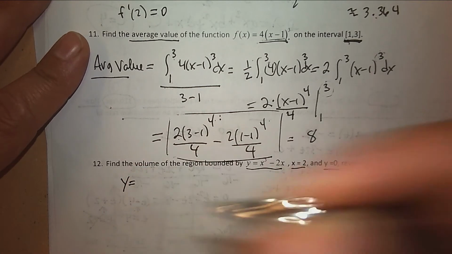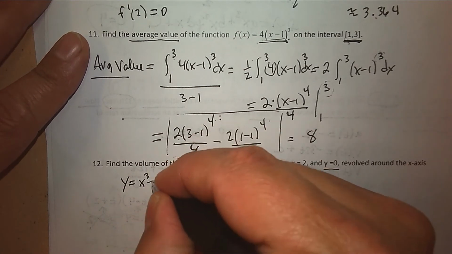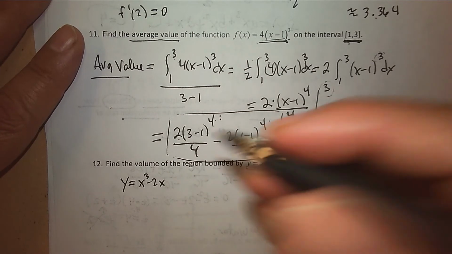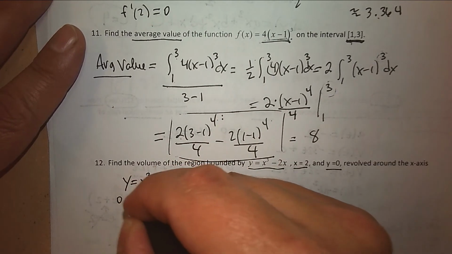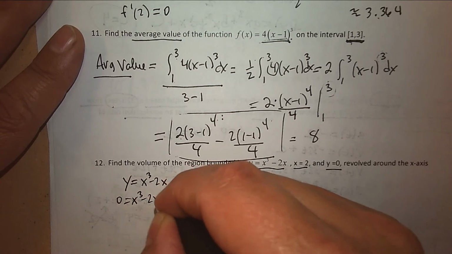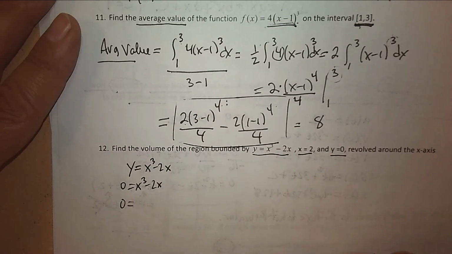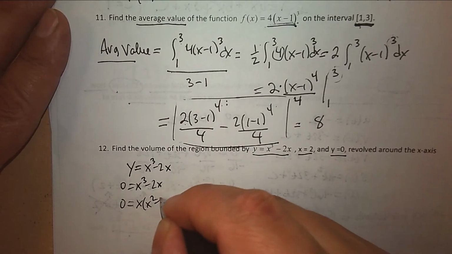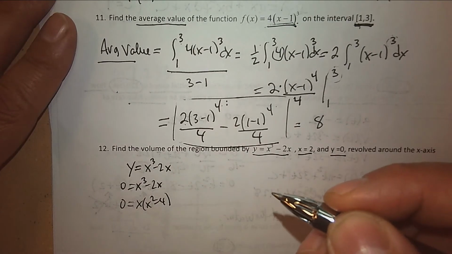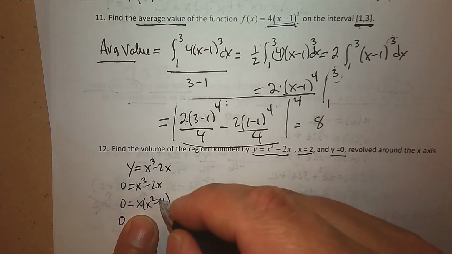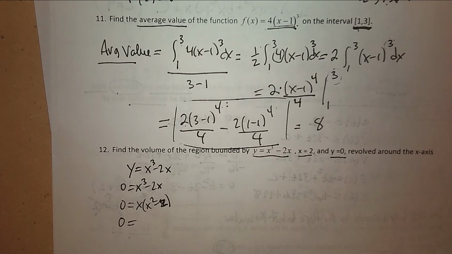If I want to graph x cubed minus 2x, a good place to start is the x-intercepts. So I'm going to make it equal to 0 and find out where the x-intercepts are. I'm going to factor out a common factor, x. I have x squared minus 2.